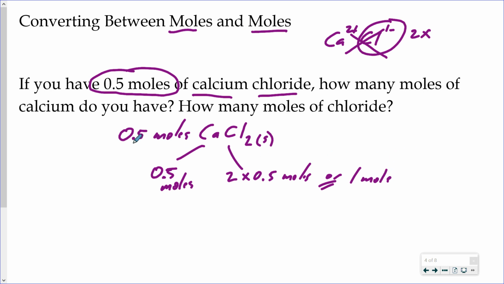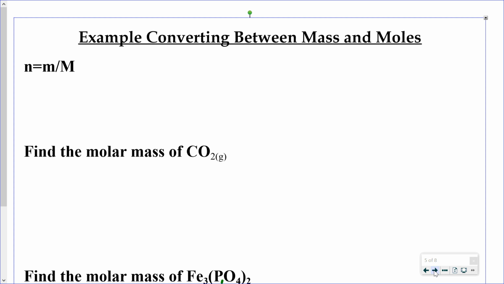So again, 0.5 moles of calcium chloride. We have 0.5 moles of calcium and 1 mole of the chloride. So that's our kind of mole to mole conversion, where we're starting with the moles in a compound and we're determining the individual moles for each one of the entities that make it up, the calcium and the chloride.